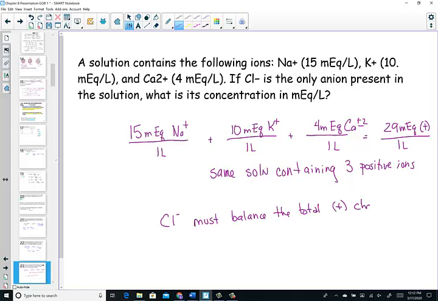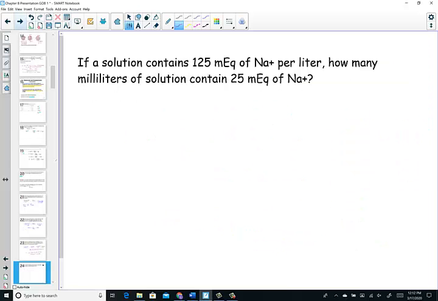So what does that equal? Well, that's 29. So the 29 milliequivalents of chloride ion are in solution to balance the total positive charge. Remember that wherever we have a positive, we need 1 negative to electrically balance the charge. I like this math. It's nice and easy.